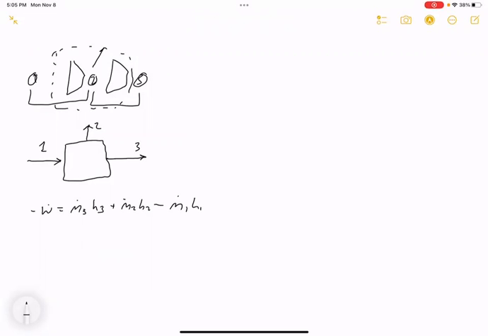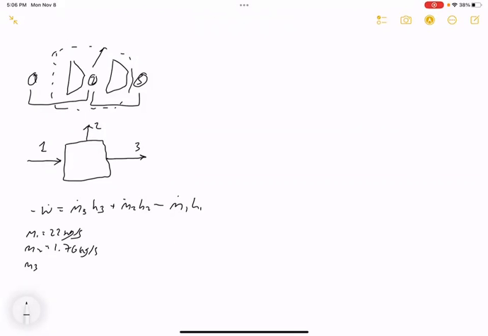So m dot 1 is given as 22 kilograms per second. m dot 2, we're told, is 8% of that. So 0.08 times 22 is 1.76 kilograms per second. And m dot 3 is what's left over.